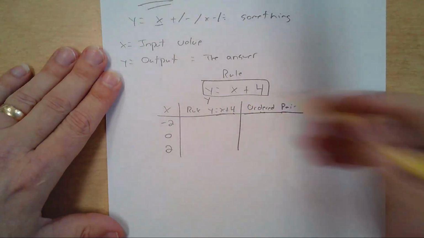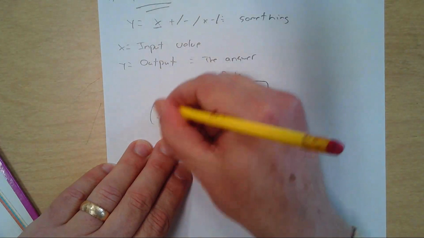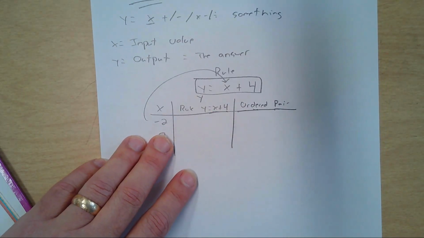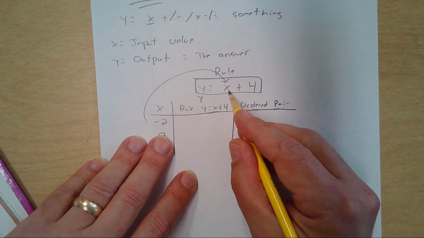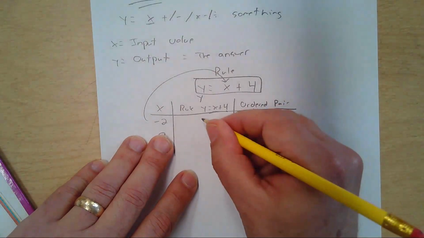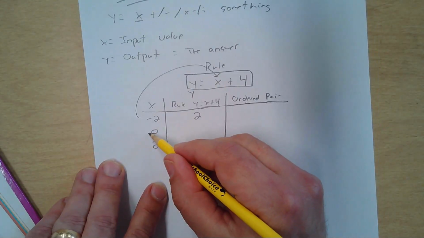But here's my equation. Y equals x plus 4. So I have my 3 different x values. So if I plug -2 into this equation, what do I get for an answer? What's -2 plus 4? Positive 2. And then same thing. Here's another coordinate.